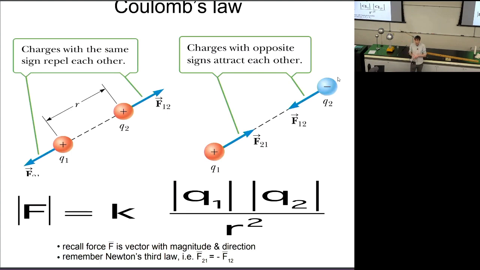I should also say that when I say it's the interaction between 2-point charges, really by the word point, because nothing is truly a point, I mean that the size of those charges, maybe they're on little spheres, the size of those spheres is small compared to the distance between the charges, so that they kind of look like points.